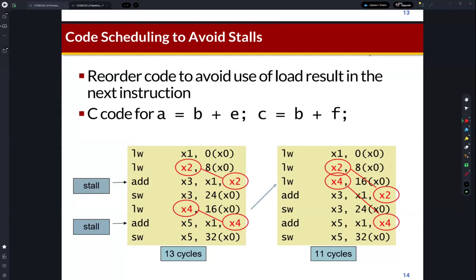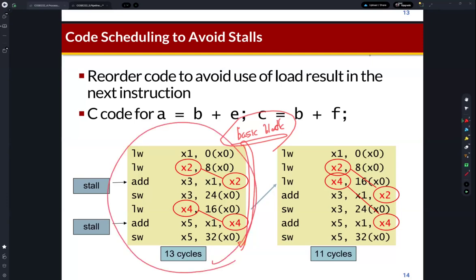Compiler technique means that a compiler can reorganize the order of instructions within a basic block. This is the basic block, and if we maintain the data dependencies between instructions within a basic block, a compiler can reorder the instructions.